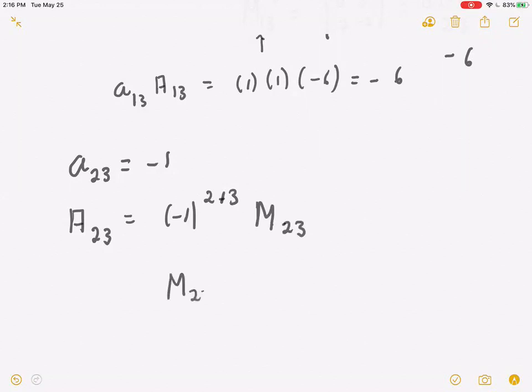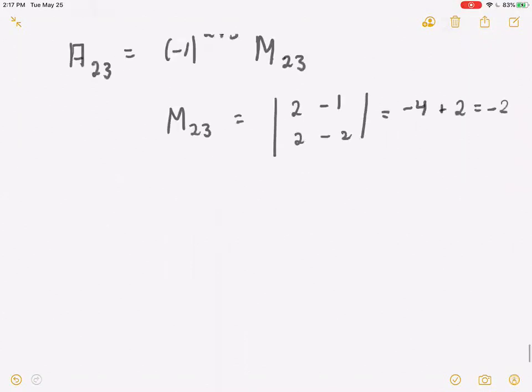Again, the minor m sub 2,3 is what you get when you calculate the determinant of the matrix where the second row and the third column have been eliminated from the original coefficient matrix. So it's a matrix of smaller order, a matrix of order 2, and in fact, it looks like this. You can evaluate this determinant, and it's minus 2.